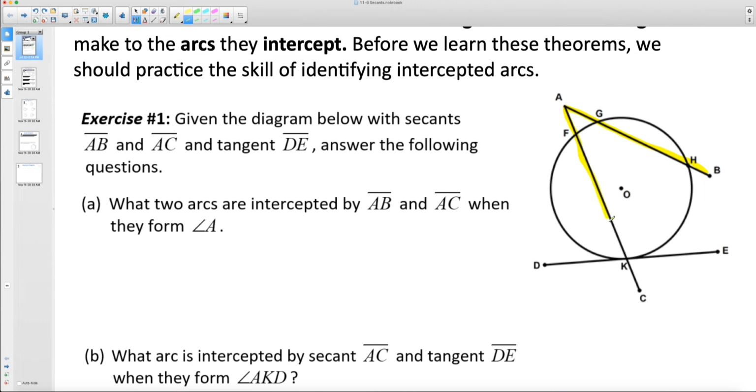If we take a look at those two secants, because it's outside the circle, we get two arcs that are intercepted. So this arc right here, FG, is intercepted, but also arc KH is intercepted.